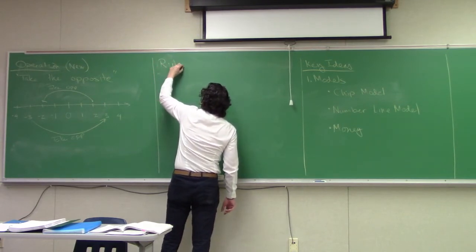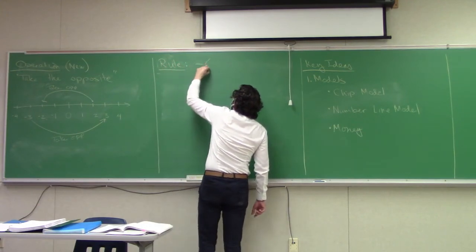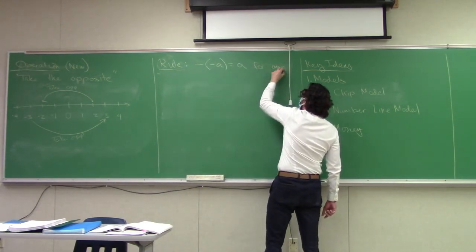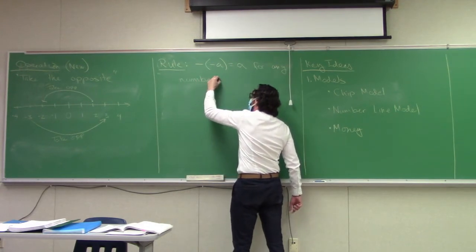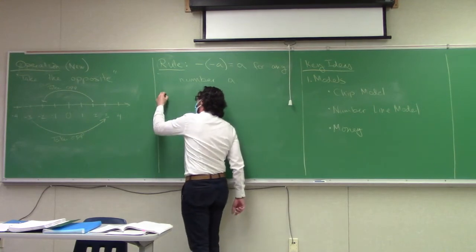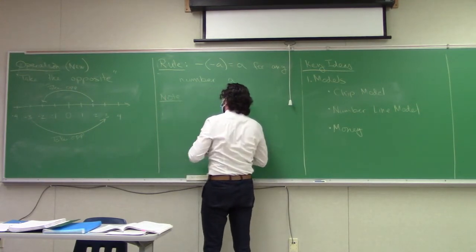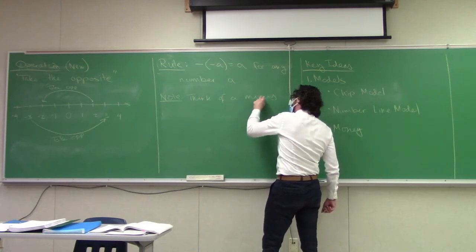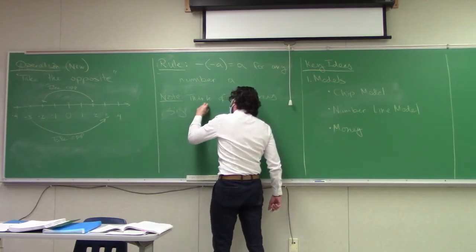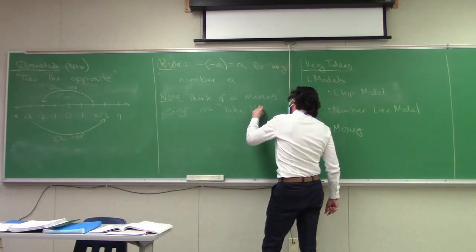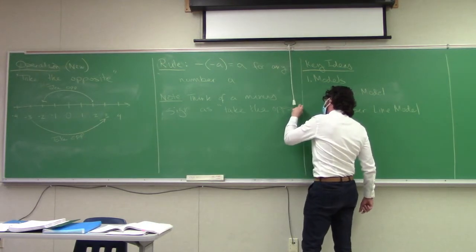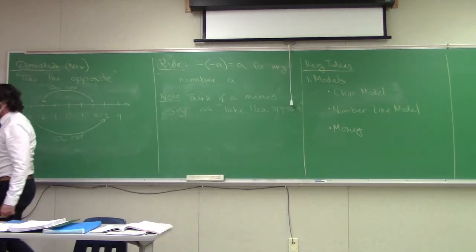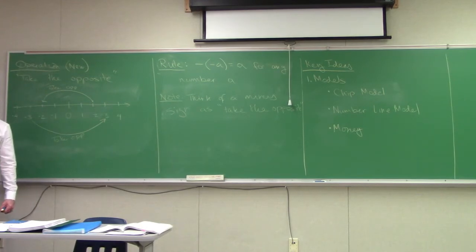So let's keep track of some rules here for dealing with negative numbers. Okay, so the operation of taking the opposite is something that undoes itself.